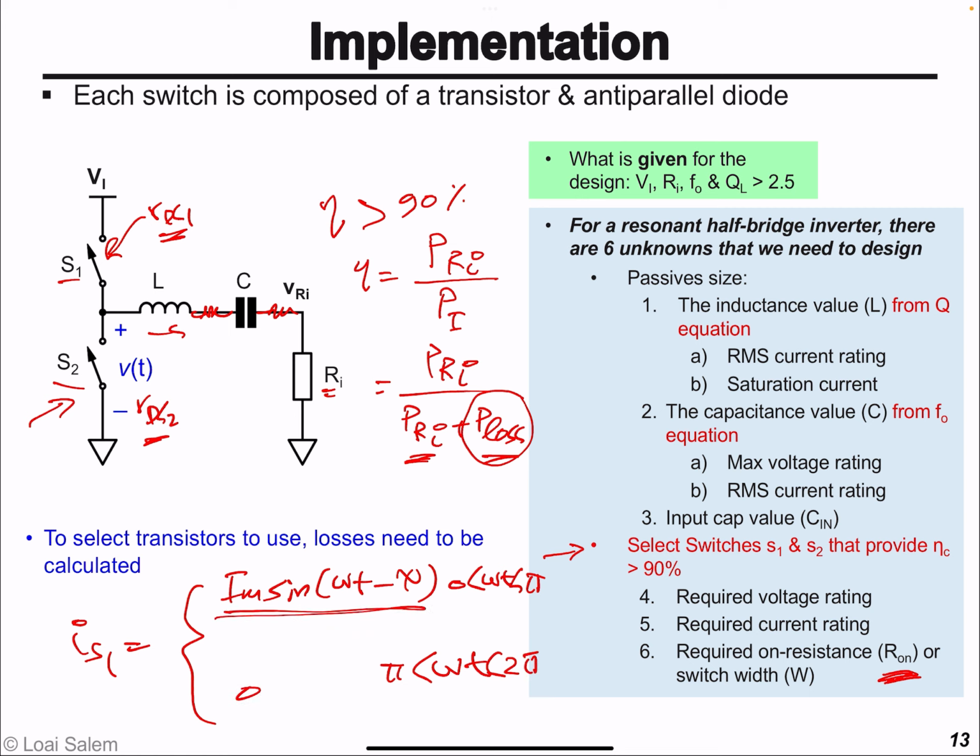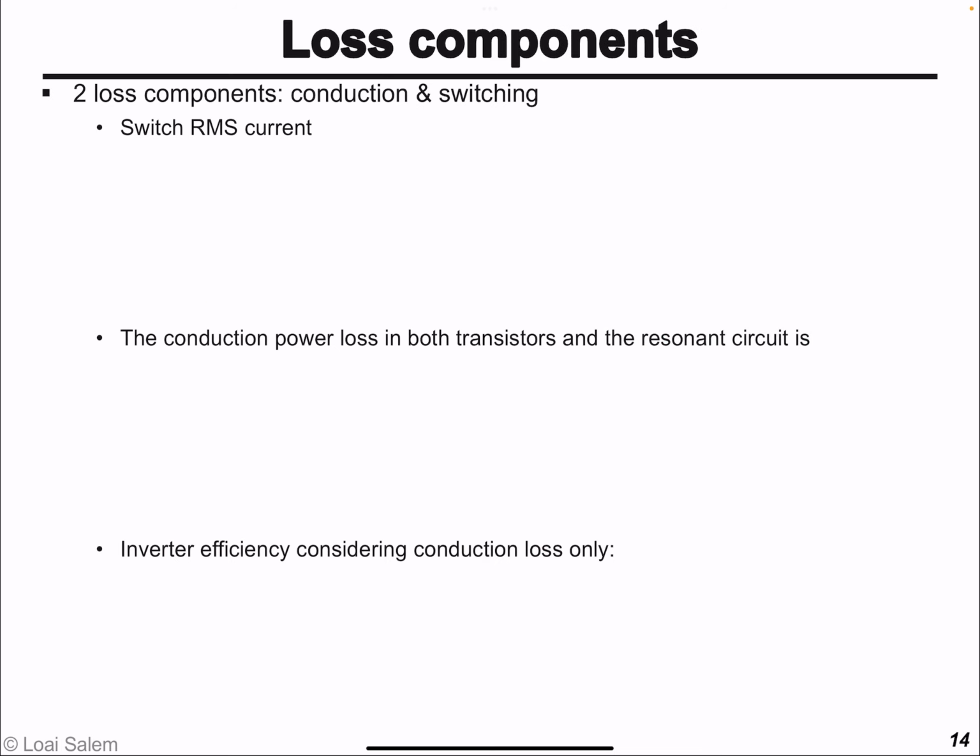And basically, if we perform the integration to find the RMS value of the current in S1, we should define it as the average or the mean of the S1 current squared.